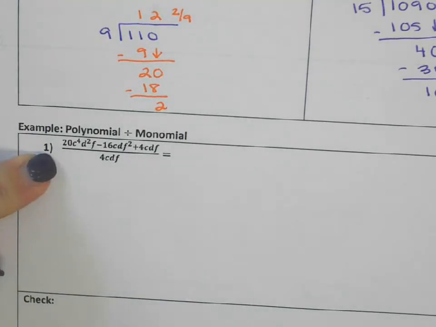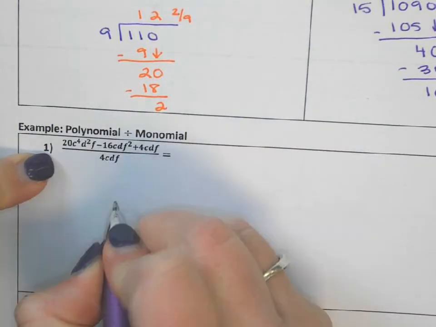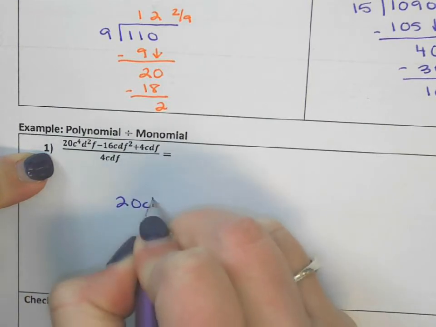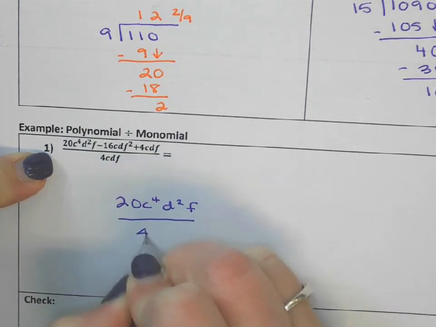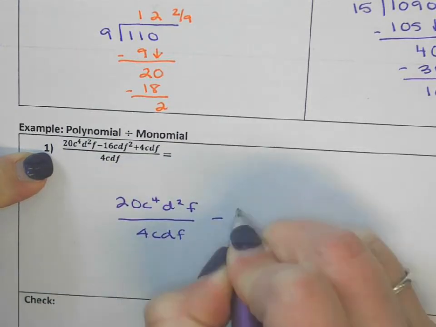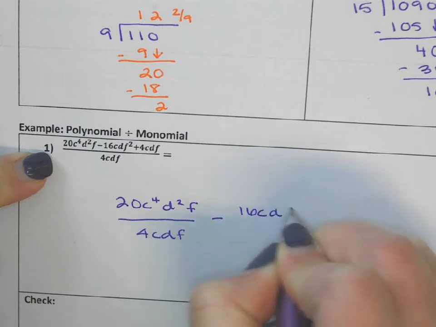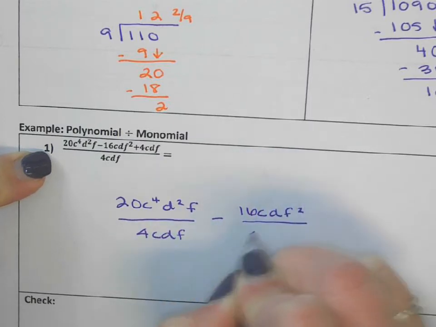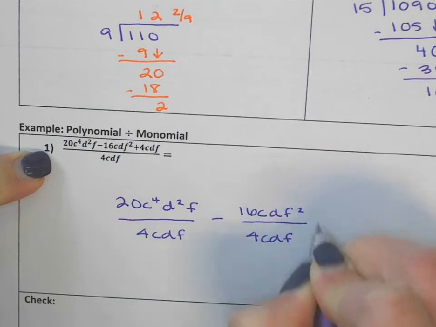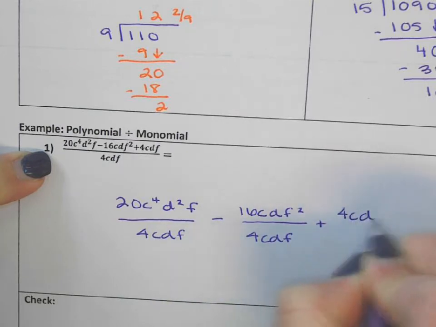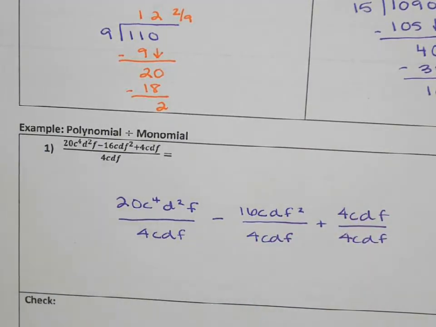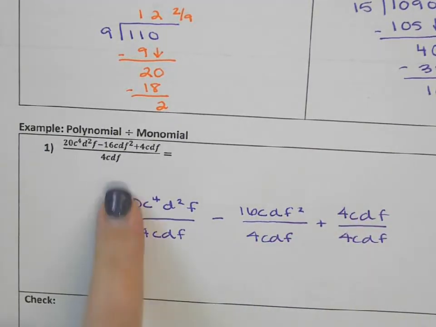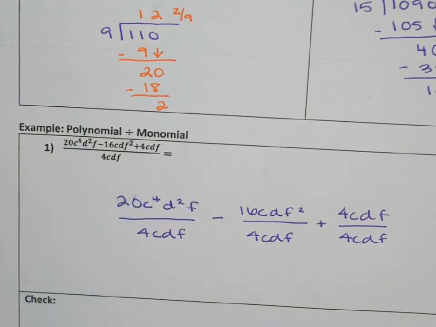So what we're going to do is, if you're dividing everything by 4CDF, you're going to take the 20c to the 4th d squared f over 4CDF minus the middle term 16CDF squared over 4CDF plus the 4CDF over 4CDF. So you're just taking each of the terms and dividing by whatever it is you're dividing by. Each term gets divided by that term.